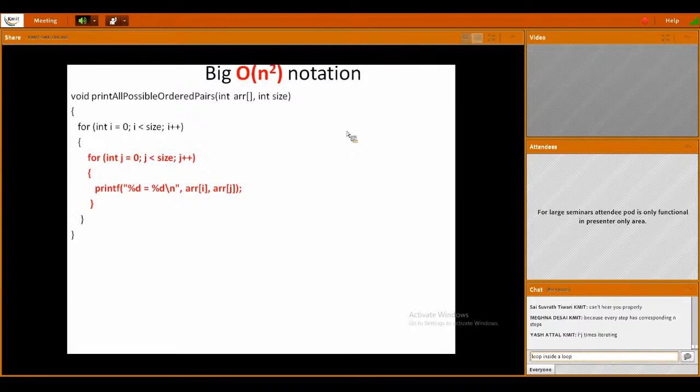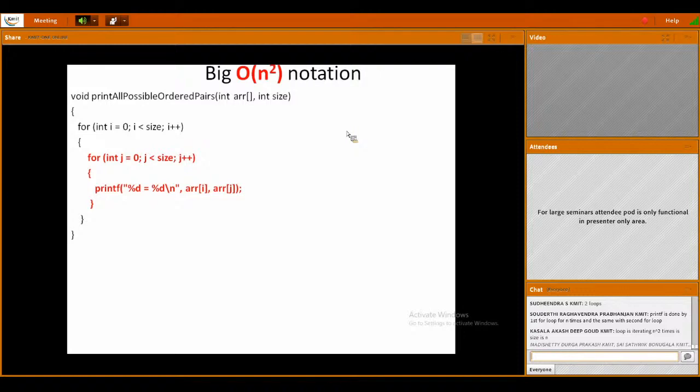Because every step has corresponding n steps. Wow, very nicely put, Meghana Desai. For every I value, there are n values in the inner loop. It's not two loops. Two loops, I agree, but Raghavendra, printf is done by the first for loop for n times.